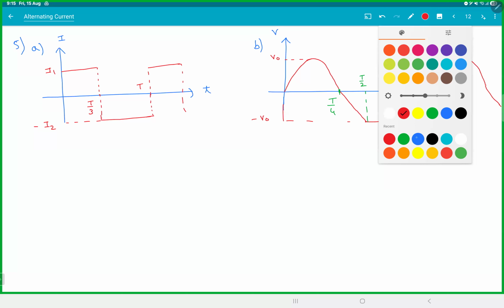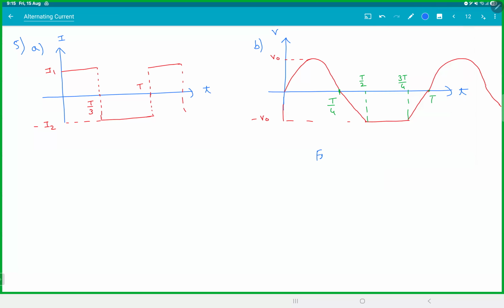Find VRMS and IRMS. How do you handle these things?